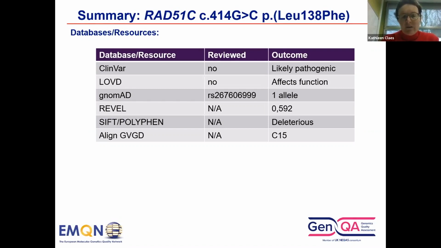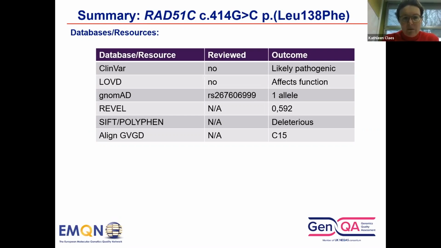In ClinVar, it's reported by the majority of the submitters as likely pathogenic. In LOVD, it's reported as affecting function, but in neither database was the variant reviewed by an expert panel. In gnomAD, one allele can be found.